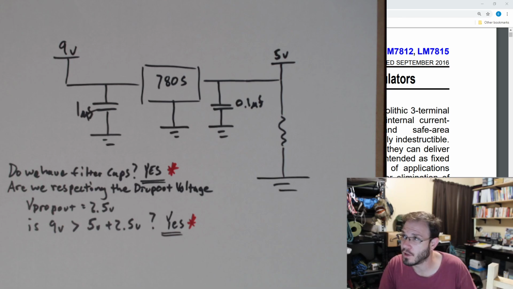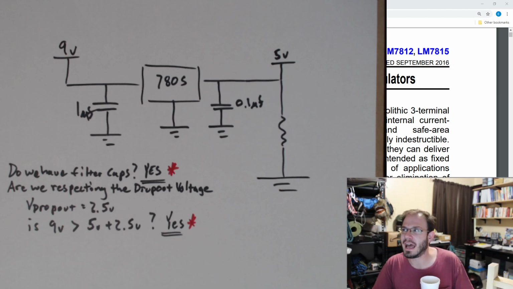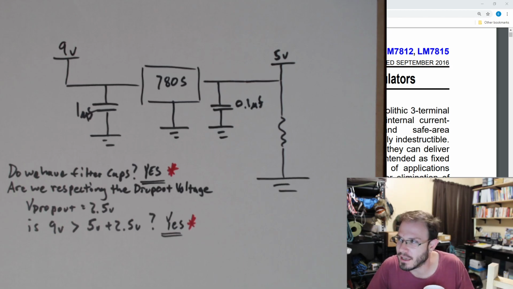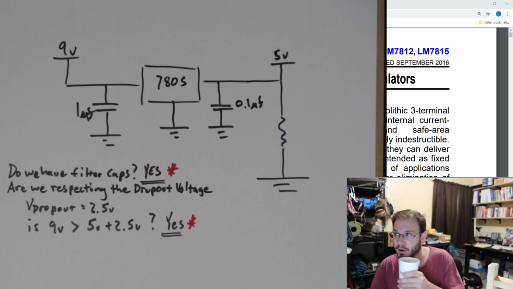How much current is flowing through this circuit? That's my question for you. Type into chat how much current is currently going through this 7805 and through our load.